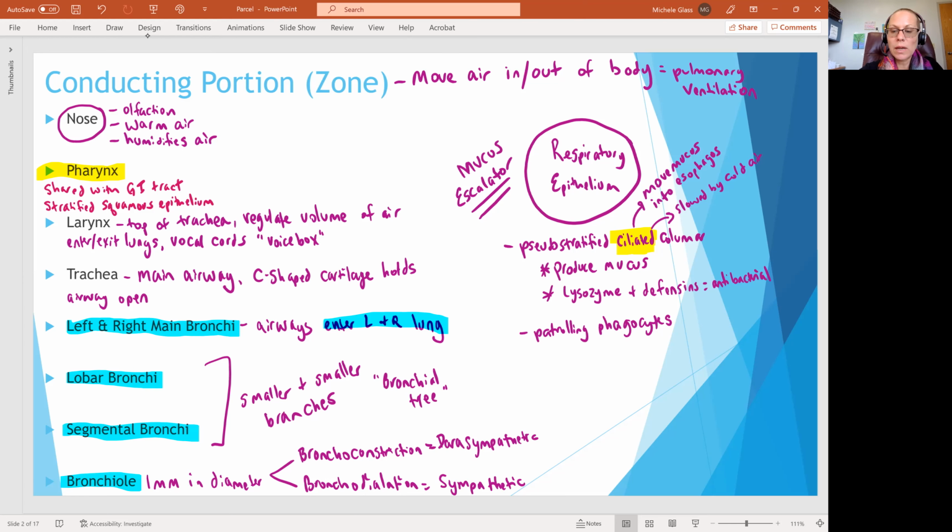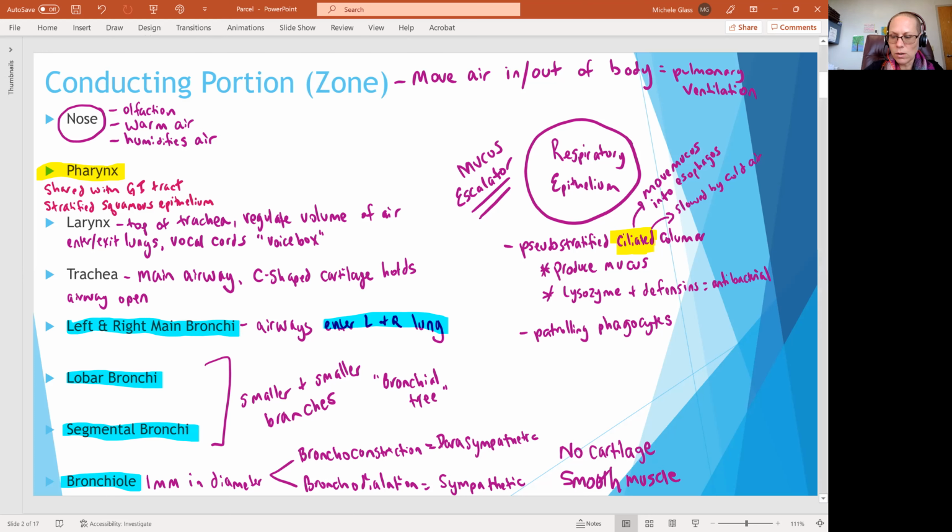The bronchiole then has no cartilage. And it does have this smooth muscle, which is what's allowing for constriction and dilation.